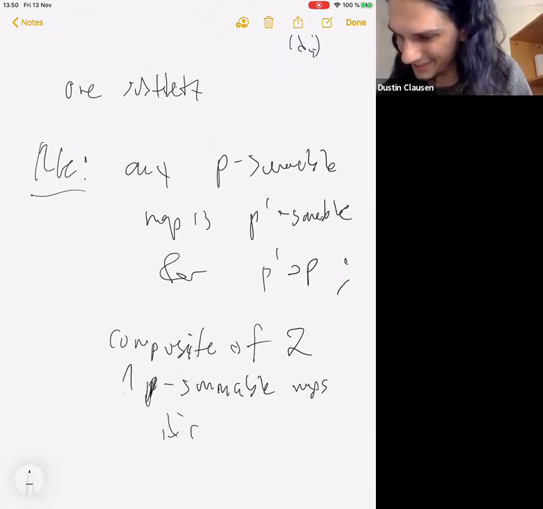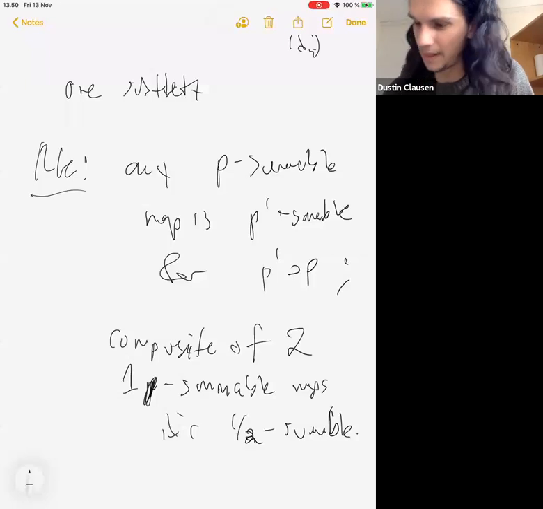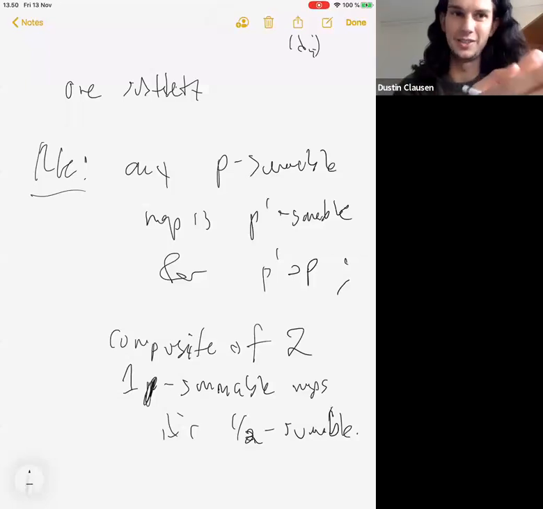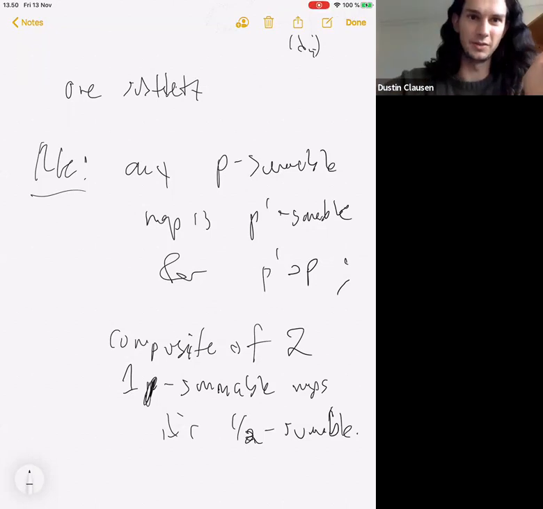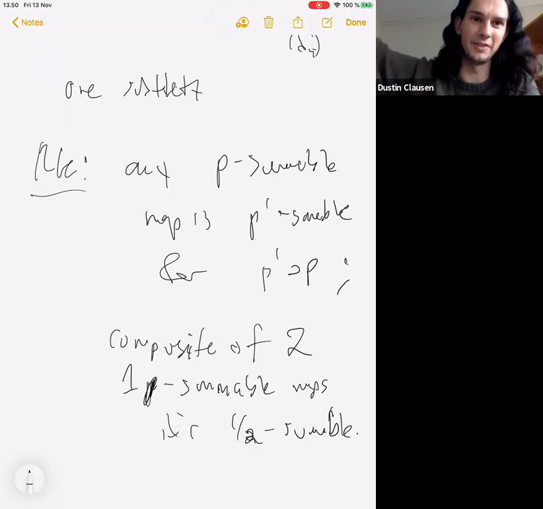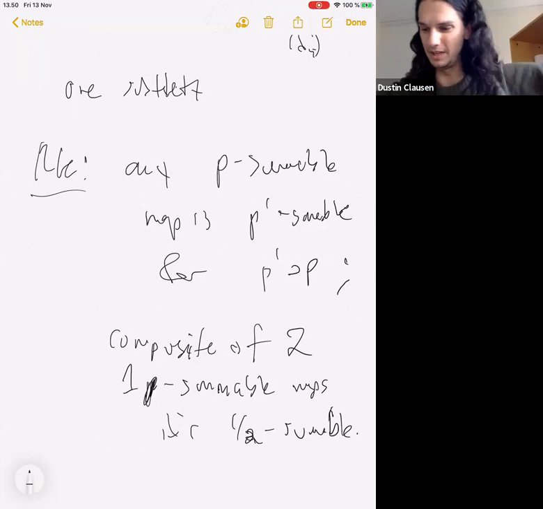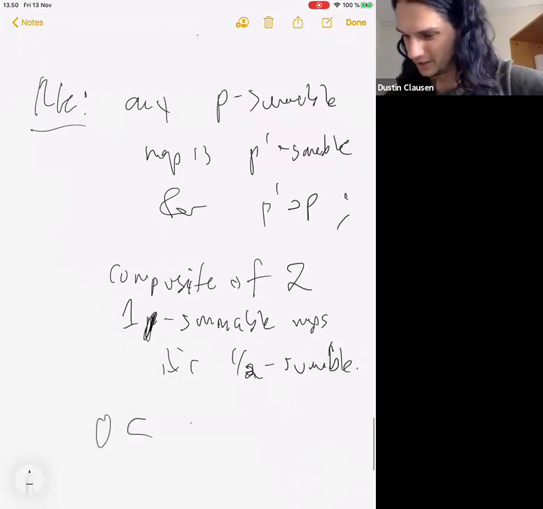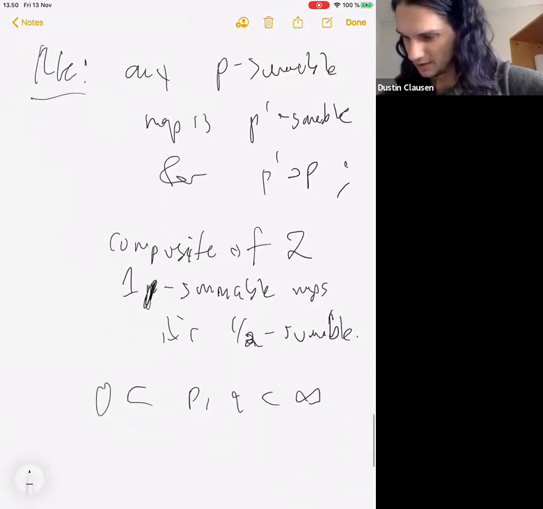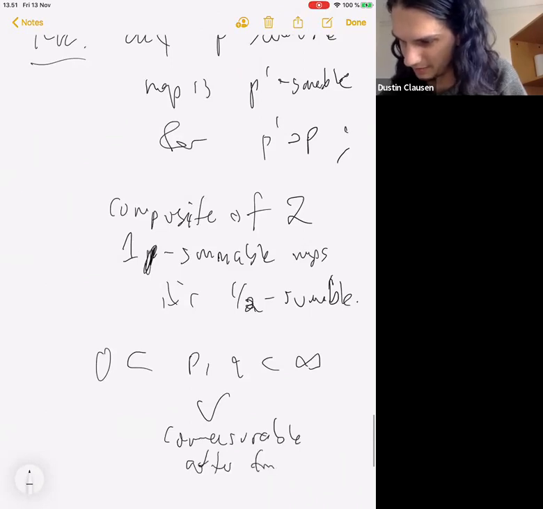I'll just do it in this special case where I remember the answer: it's 1/2 summable. So one summable will imply two summable, and if you have a composite of two one summable maps, it's 1/2 summable. So if you have enough composites of trace class maps, you can move between p and q summable for any p and q in the whole scale from 0 to infinity. Commensurable after only finite steps, finite composites.